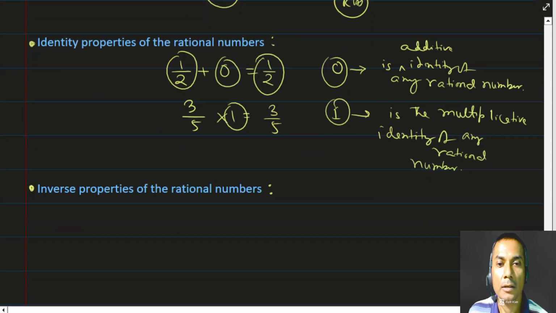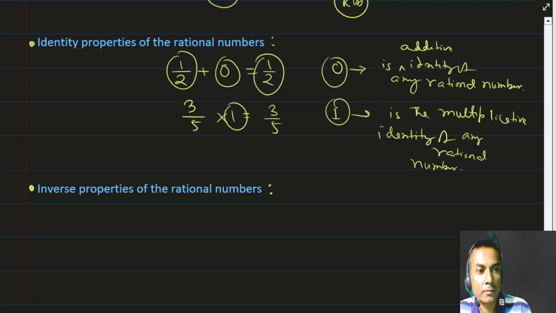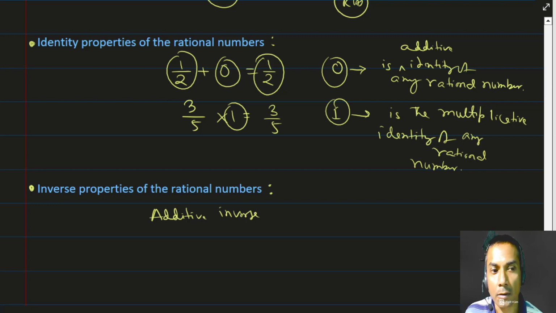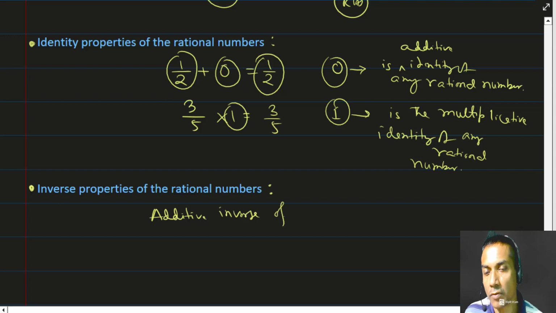Now we learn about the inverse properties of the rational number. First of all, what is additive inverse? Additive inverse of any number, for instance 3 by 5, is minus 3 by 5.